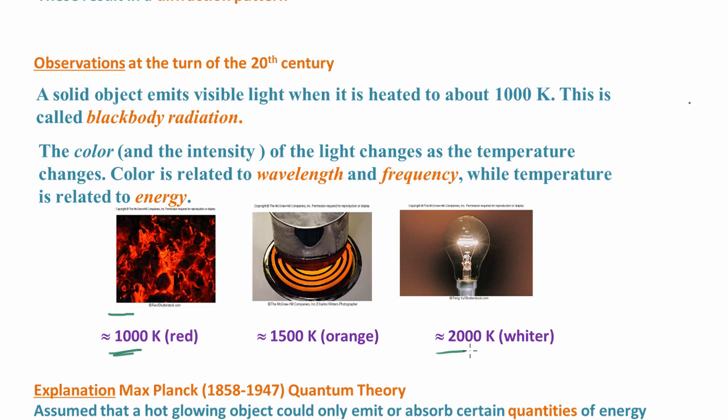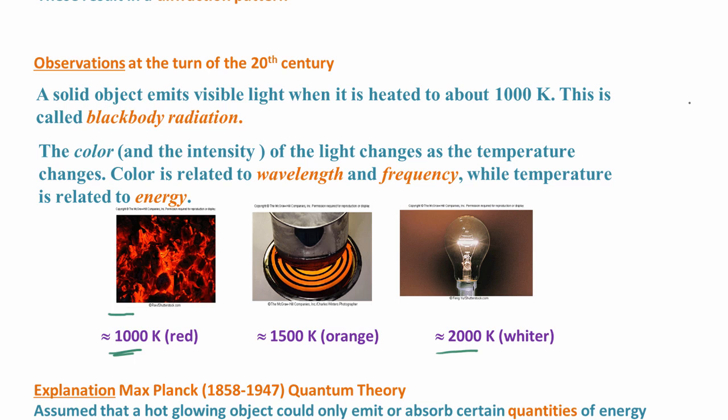And if we increase the temperature even more, we observe whiter light, an example being a light bulb. So at lower temperatures, we have mostly red light emitted. At higher temperatures, we get more yellow and blue light that becomes mixed with the red, which provides white light.